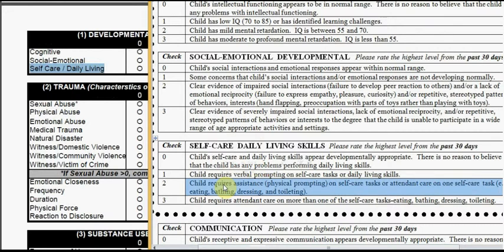On one self-care task, or not one already qualifies for 2. And in 3, the child requires attendant care on more than one of the self-care tasks. All right. And the self-care tasks are eating, bathing, dressing, and toileting, both for 2 and for 3.